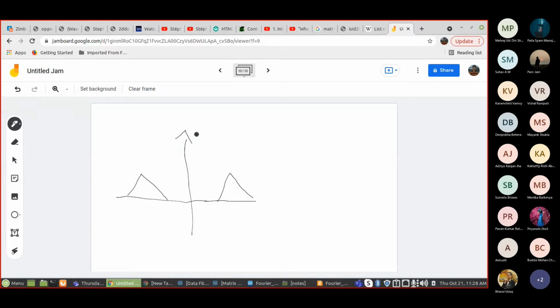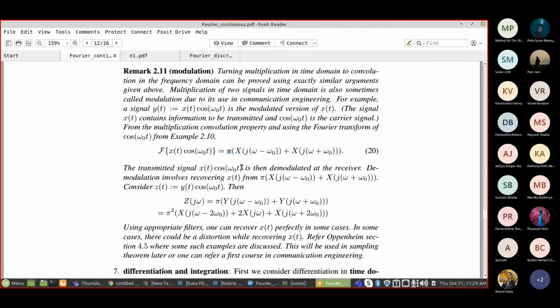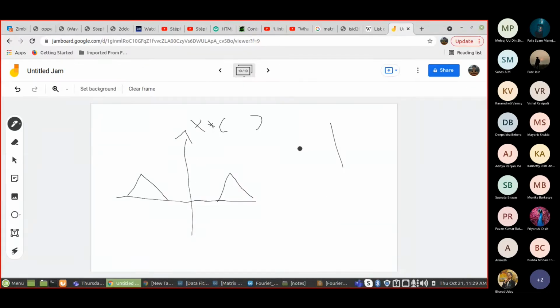So this is convolved with shifted impulses. Okay. All right. So this is what you transmit. In analog communication, we multiply this signal with this cosine function, and this is what gets transmitted. In time domain, it may look something else, but this is what it looks like in the frequency domain.